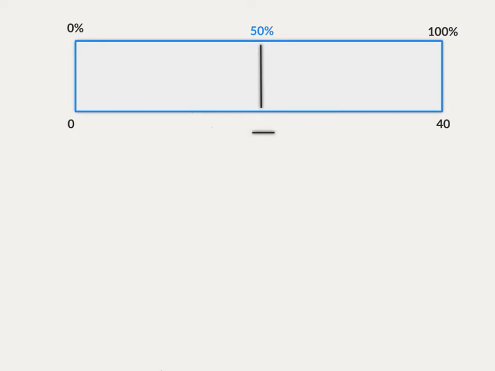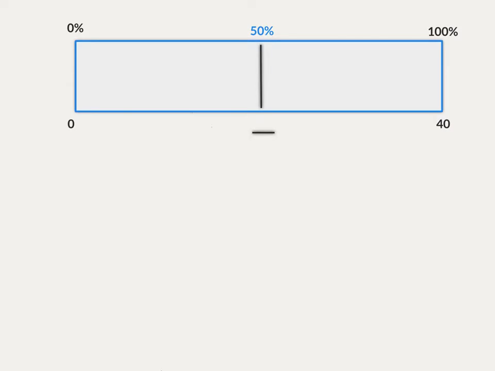Well, if I had the following problem, 50% of our 40 students scored a 90 on the test. I could use a percent bar to help me identify the unknown number of students.